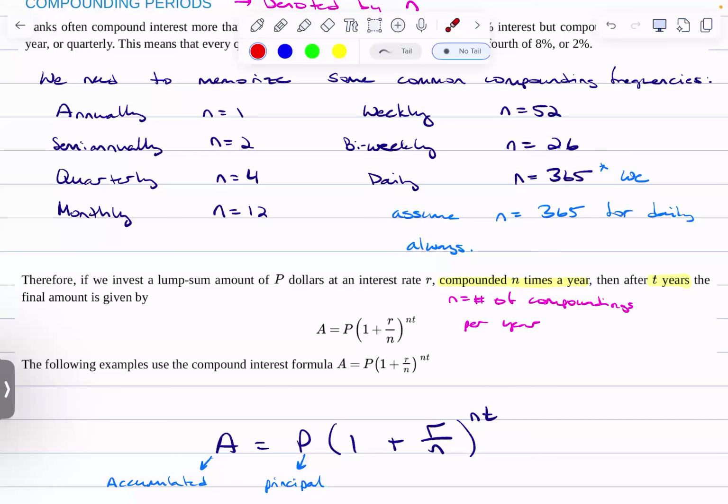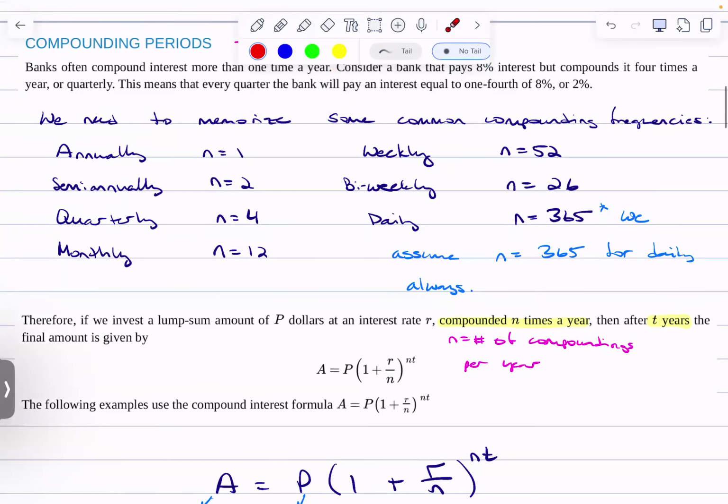You can just ask me, I forget what n this compounding frequency makes. We're here to do the math. It's not really about memorizing these, but ideally you'd want to memorize them. They're not terribly hard. But in a test situation, it's stressful.